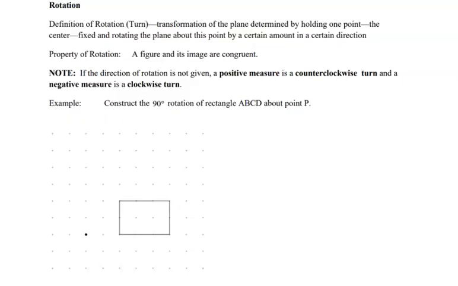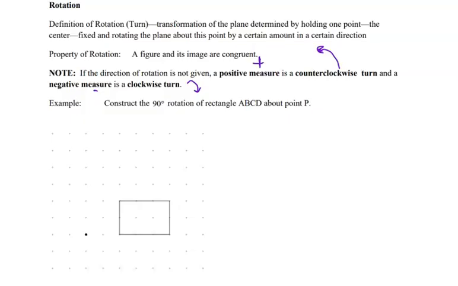So if I tell you we're going to rotate positive 90 degrees, then we're going to be rotating counterclockwise. If I tell you we're going to rotate a negative measure like negative 90, negative 180, etc., that's going to be a clockwise turn. That's something that some students are not super familiar with. So a positive measure is going to take us counterclockwise, and a negative measure is going to take us clockwise as far as the direction of our rotation.